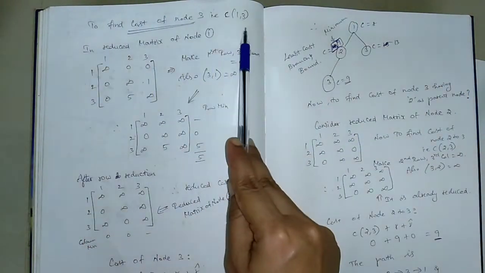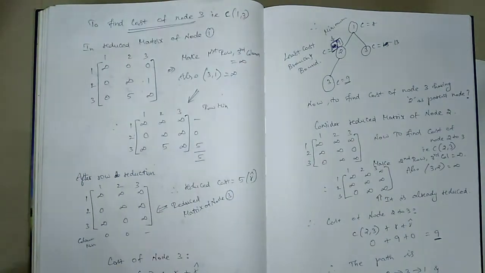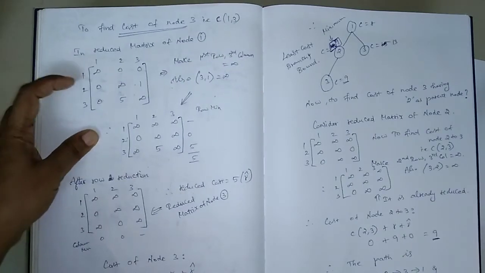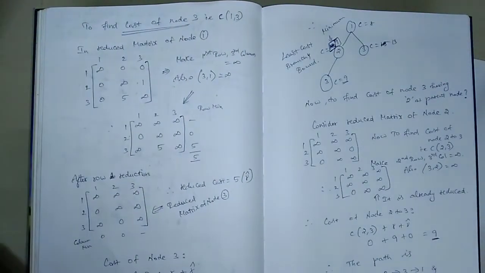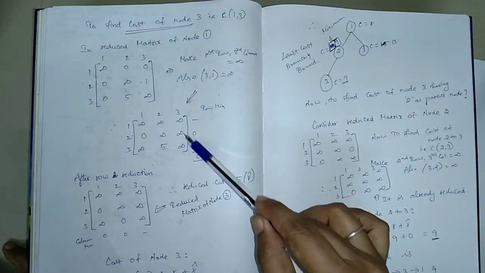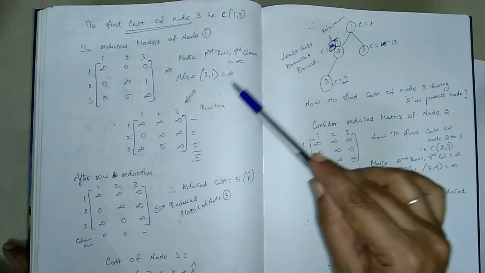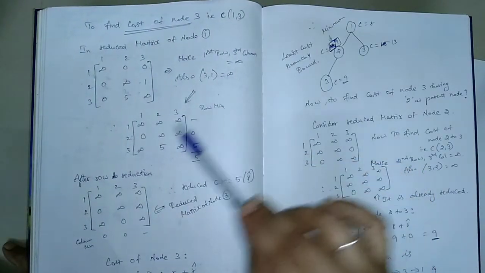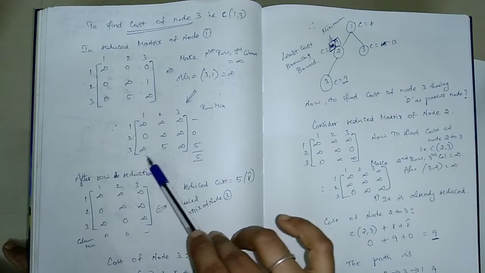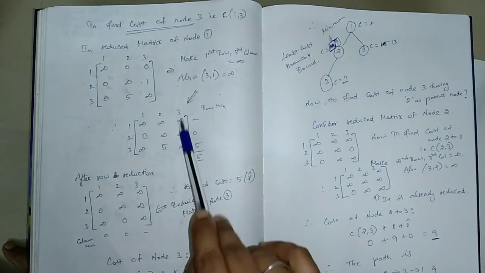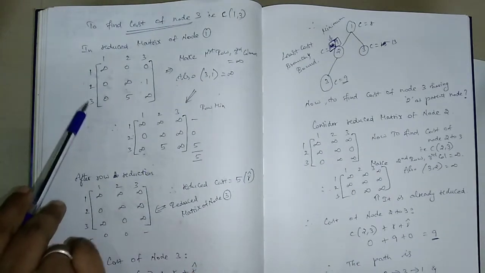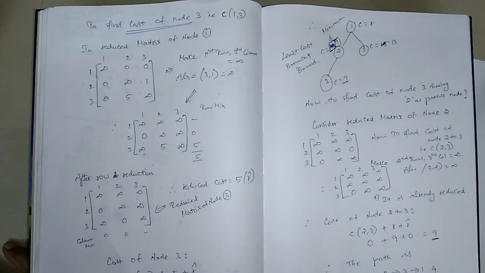Therefore we have to make the first row and third column infinity, and also 3 comma 1 is equal to infinity. This is to avoid the subtour issue. So the first row, third column and 3 comma 1 are all made infinity in the reduced matrix of node 1 taken as the input.